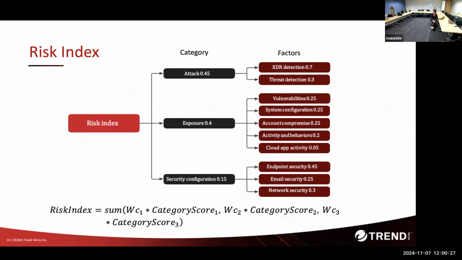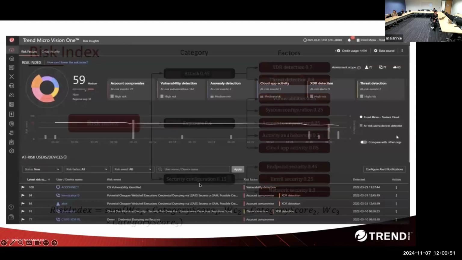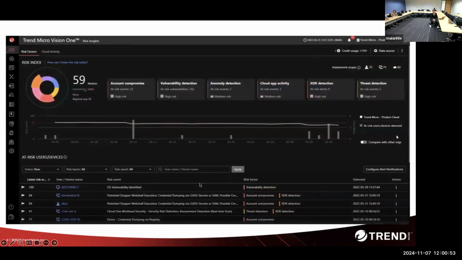And it's not just device specific. Risk is also calculated for identities. It's also calculated for SaaS applications that are used. It's also calculated based on cloud asset resources as well. So not just a computer risk, not just a risk based on a laptop, for example.